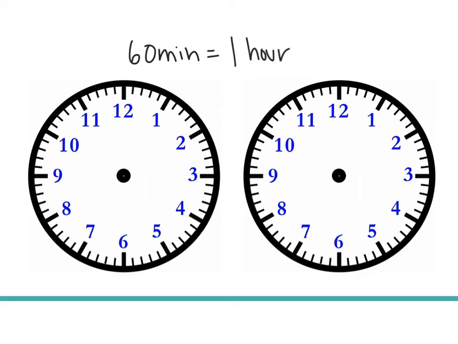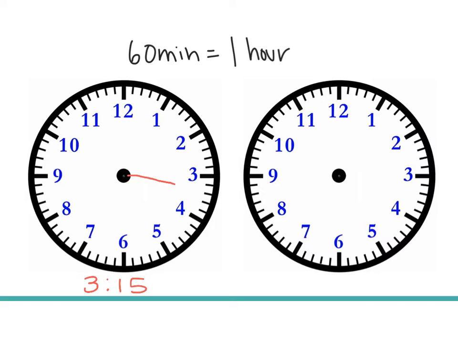So let's say if we're looking at a clock and we want to figure out what it looks like when it's 3:15, when we get out of school. That means that the short hand has to be on or after the 3.